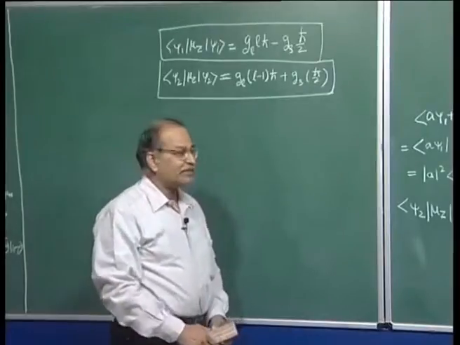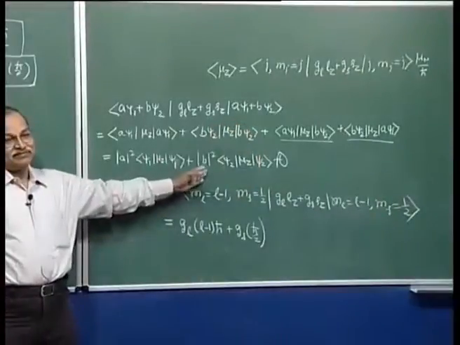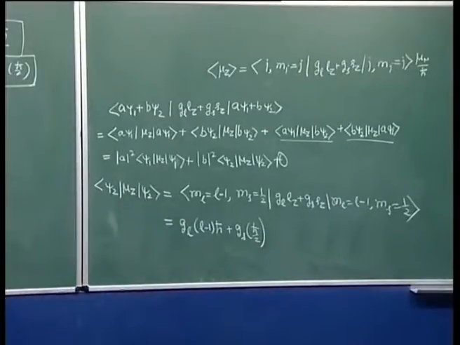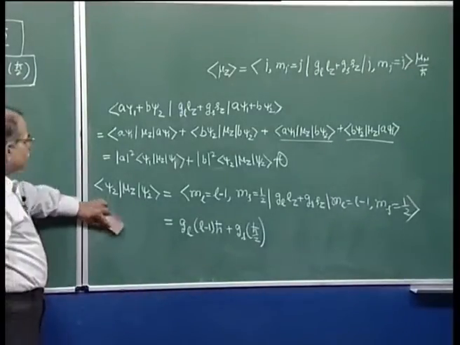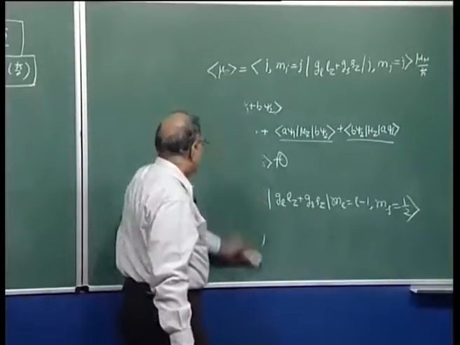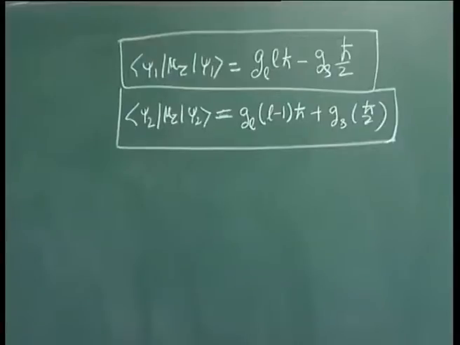Now, the task is to get this A and B, which is slightly more involved, and for that I have to remind you of some equations related to angular momentum.